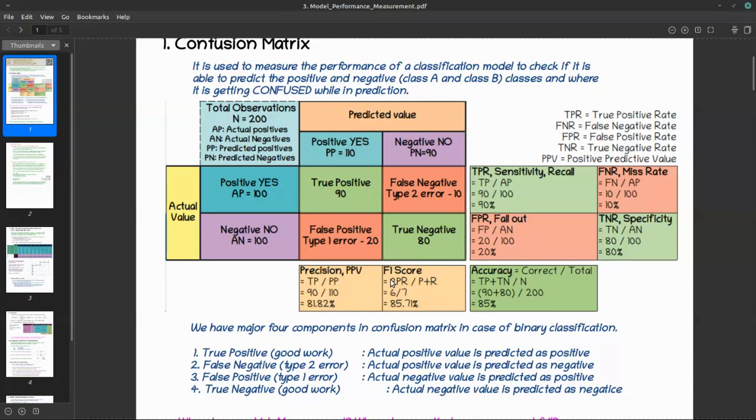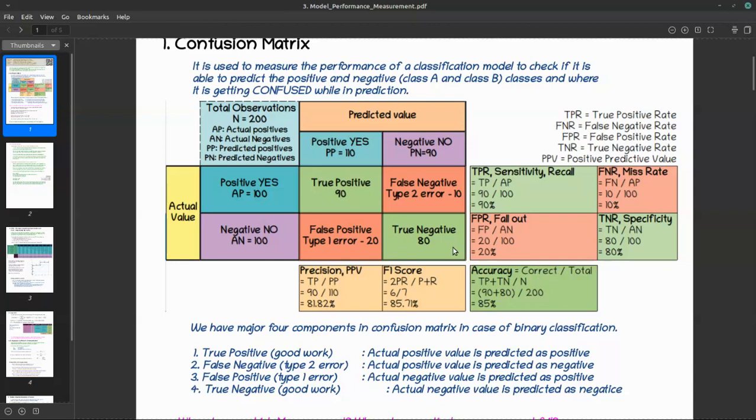F1 score is defined something like this: 2PR divided by P plus R, where P is precision and R is recall, right? FNR, FPR, TNR, I have just given the formulas, just go through them once. And accuracy is nothing but how many correct points you have: true positive plus true negative.